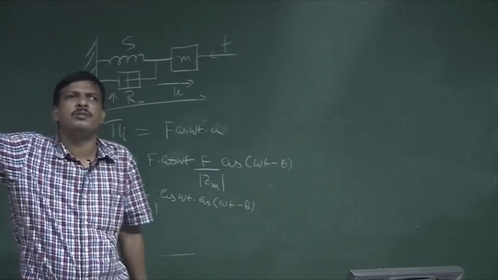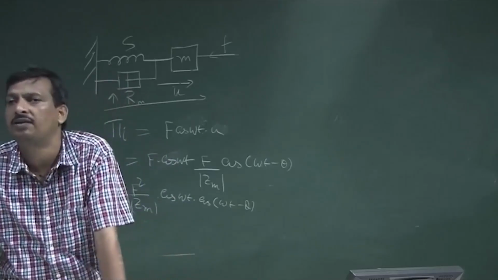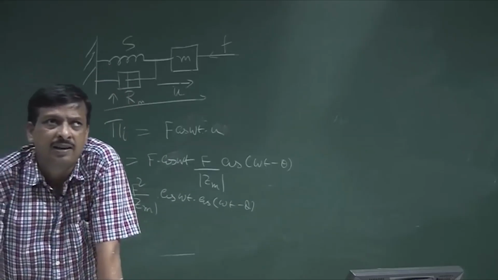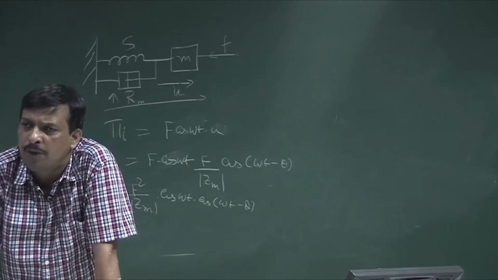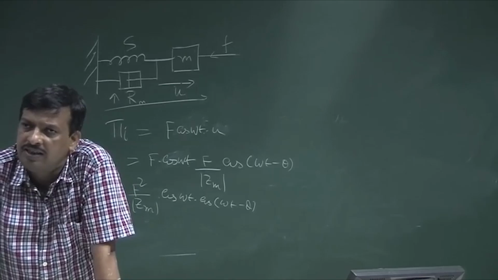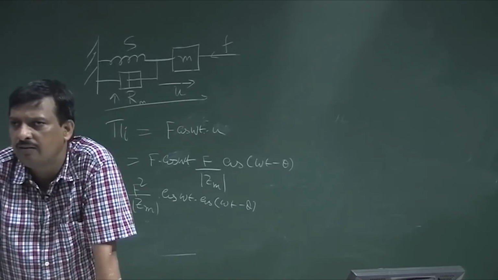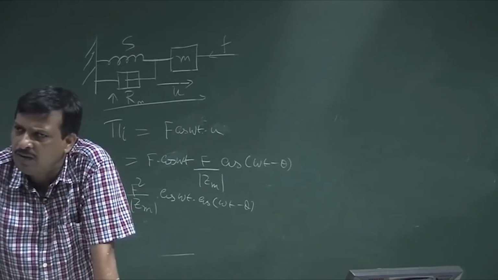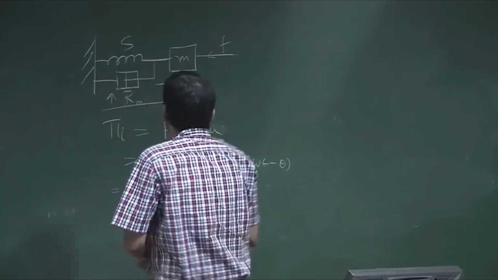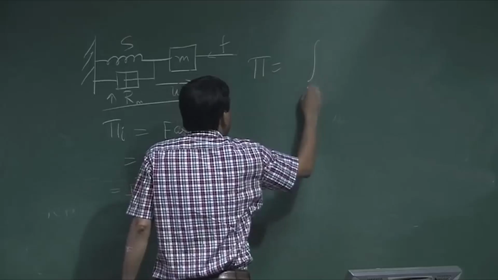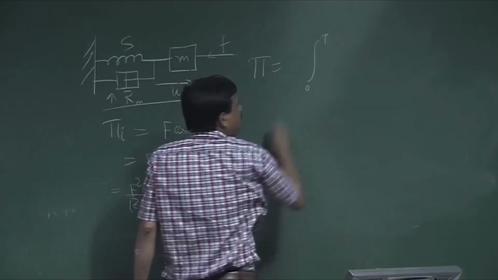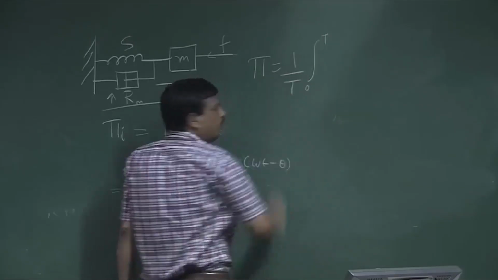Suppose I have a sine wave and I want to calculate the average energy. Since it is periodic, within one period, how much power is there divided by the length of the period is the average power. So I can say that the average power is the integration over 0 to T, where T is the period, multiplied by 1 by T.